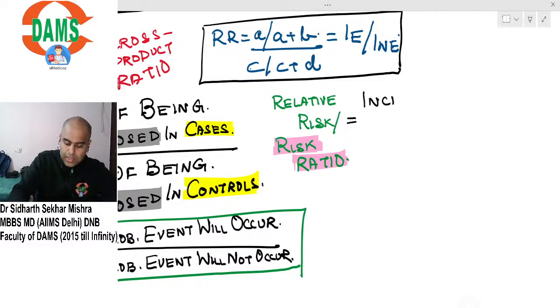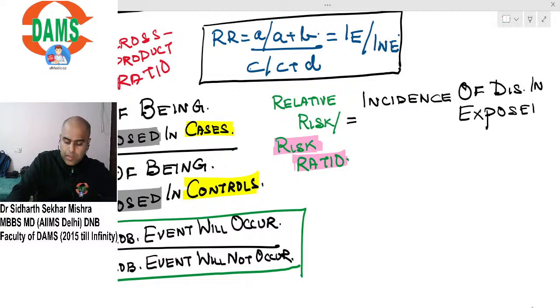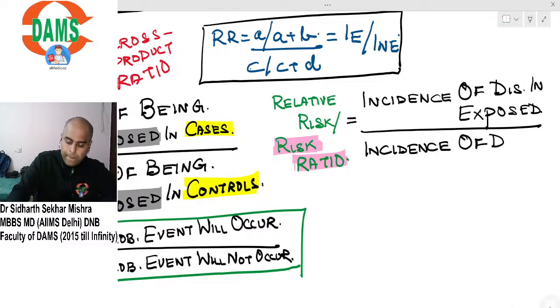It is the incidence of disease in exposed divided by incidence of disease in non-exposed.